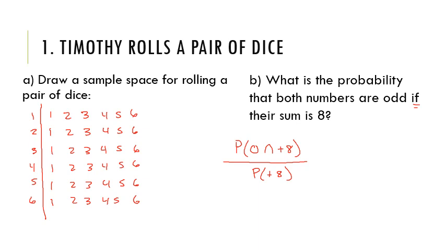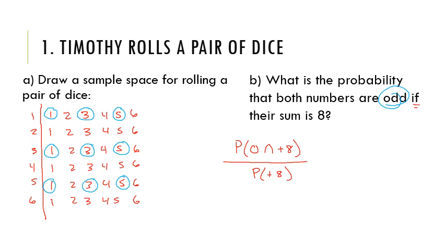All right, so let's try this. I'm going to do odd in blue. So both numbers odd: that's 1, 1; 1, 3; 1, 5; 3, 1; 3, 3; 3, 5. Okay, so that's both numbers are odd.